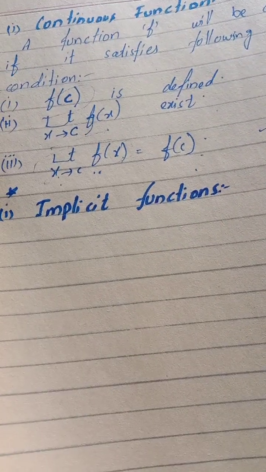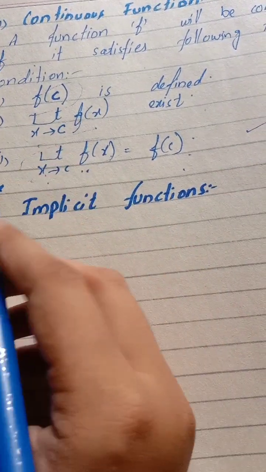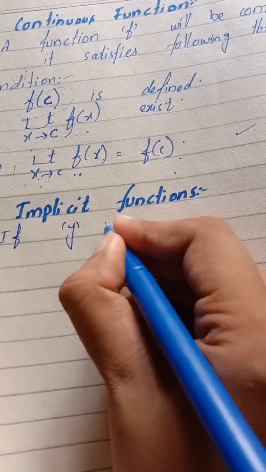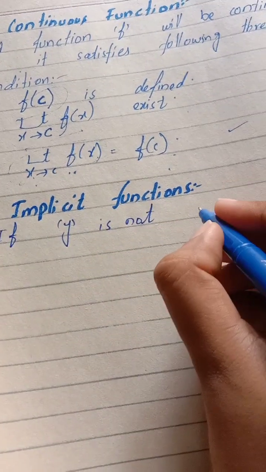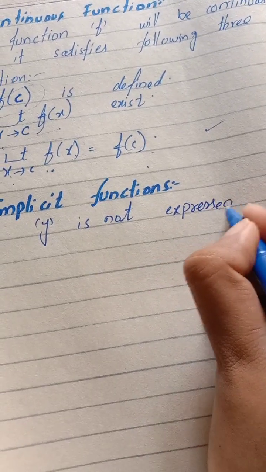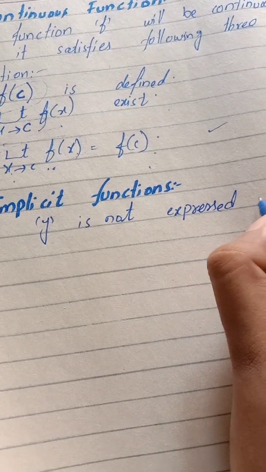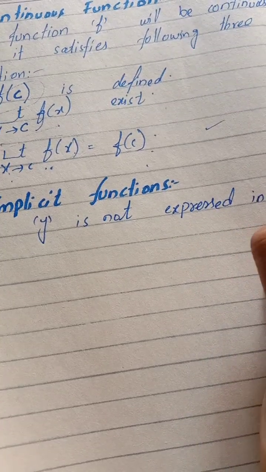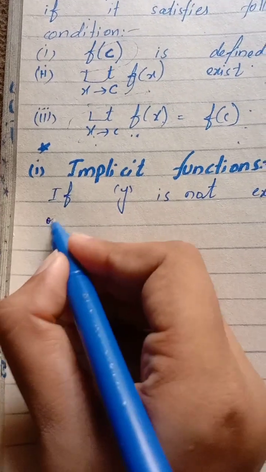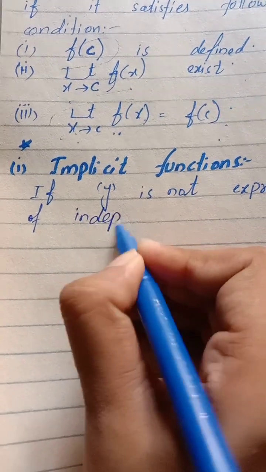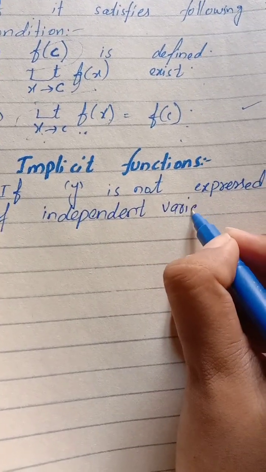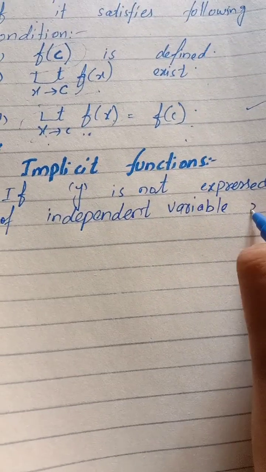What are implicit functions? If y is not expressed in terms of the independent variable x, then it is called an implicit function.